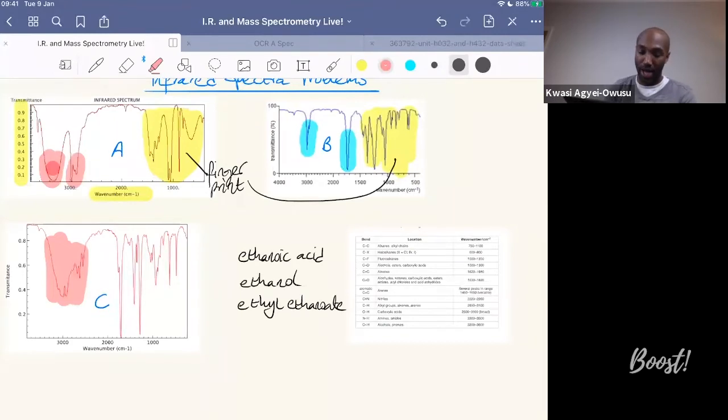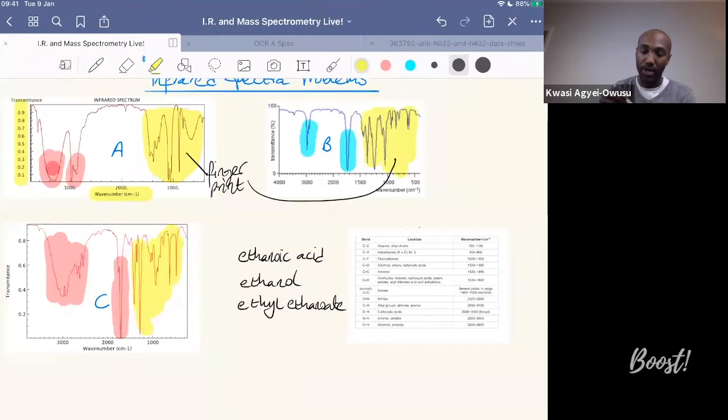Okay, so are there any other peaks above 1,500? So in other words, not in the fingerprint region. There is another strong absorption here, which I've highlighted in peach as well. So we've got 2 very strong absorptions above 1,500 and then you've got all your other absorptions in the fingerprint region.